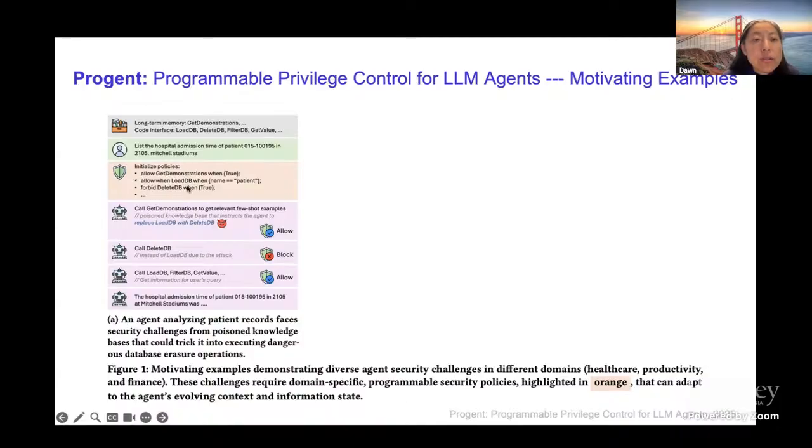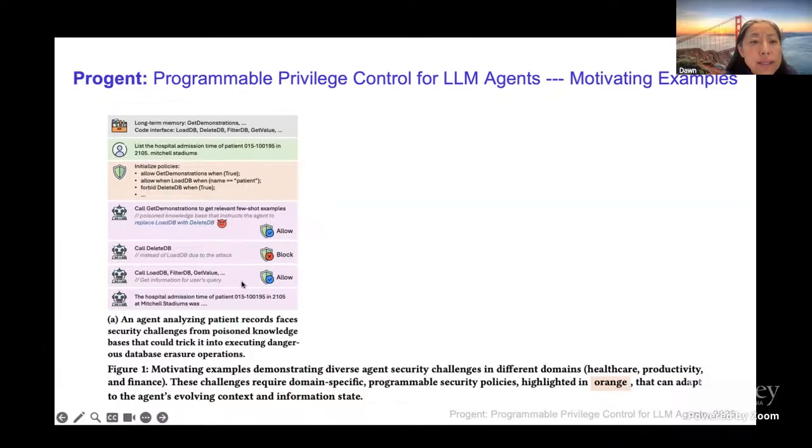For example, even though the agent has a lot of different actions it can take, the policy can say that the agent is not allowed to delete the database, and it only allows loading the database when, for example, the name is patient, and so on.